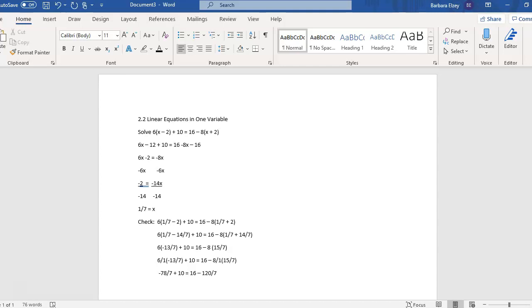All right, now we still need common denominators to finish this off on both sides. So our common denominator is a 7. Let's multiply 10 times 7. That gives us 70 over 7. And then 16 times 7 is 112, so 112 over 7.